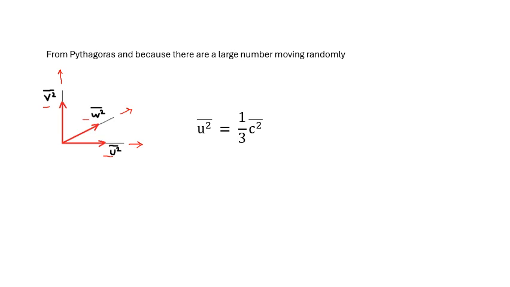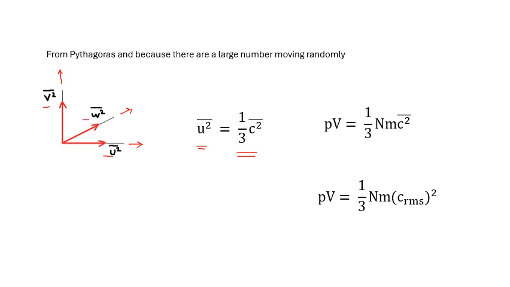Just Pythagoras in 3 dimensions. Therefore, u squared bar is a third of c squared bar. u squared bar was the average value of u squared in 1 dimension, and now we've got it into 3 dimensions. We're back to c, which is our 3-dimensional c, but we've got this third. That's where the third comes from, to go from 1 dimension to 3.